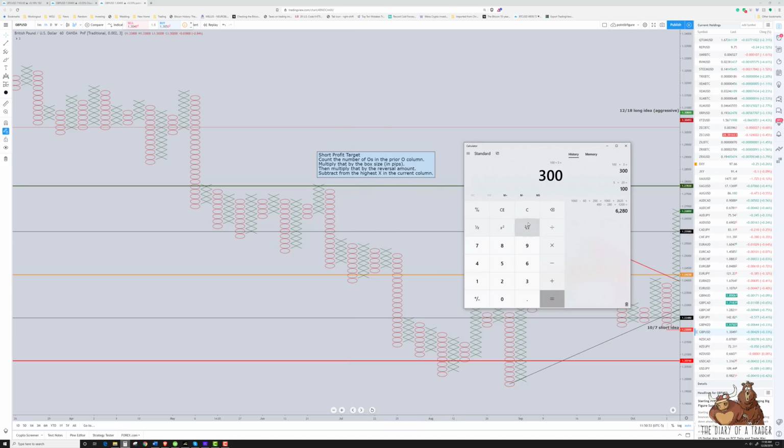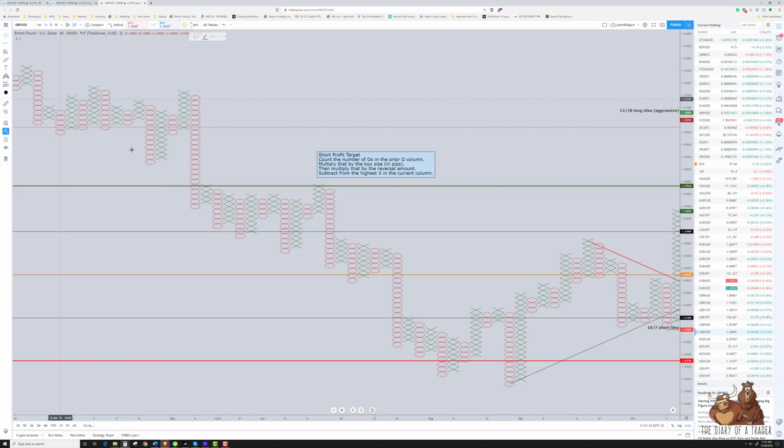So right here, just remember 300. What's the high? It's at 125.20. So I'll just type in 125.20 minus 300. My profit target is at 122.20. That would be my profit target from that short.